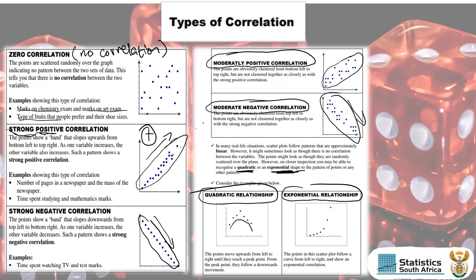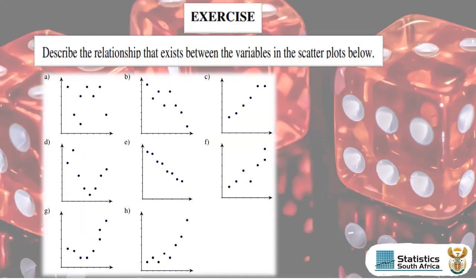So we say there's a quadratic relationship or correlation. Sometimes the points form an exponential graph, curving from left to right, showing an exponential correlation.